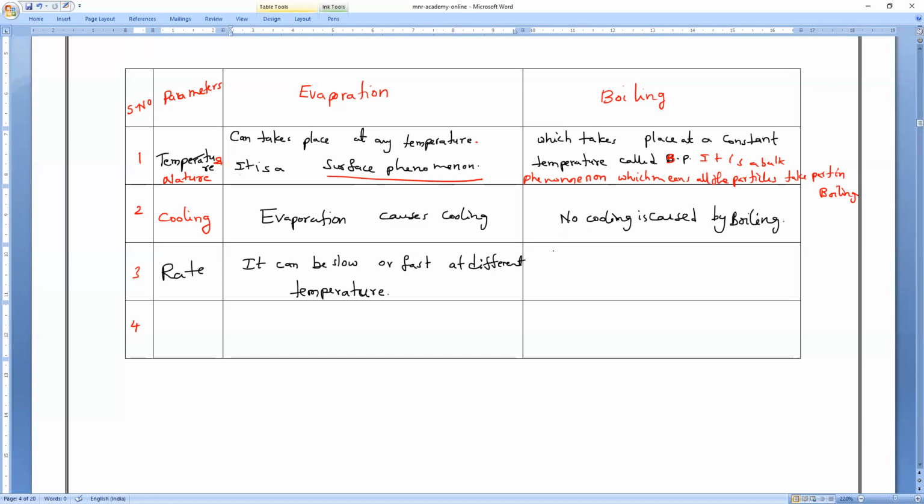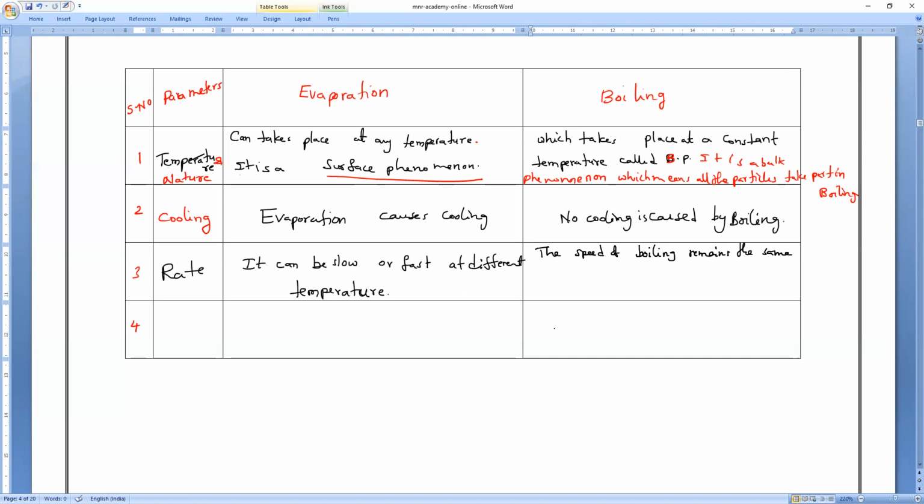So always remember, write it. The speed of boiling remains the same because we are providing the same heat energy. Yes or no, guys?